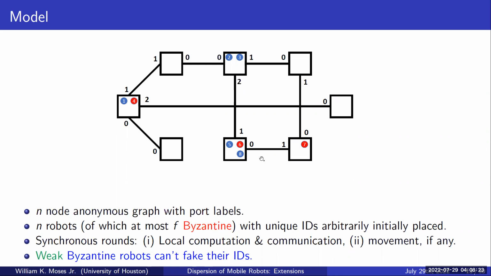In other words, whenever a robot sends a message to somebody else, its ID is attached to it. If it's a weak Byzantine robot, it cannot change the ID. While it can change anything in the rest of the contents of the message, it can't change the ID. Strong Byzantine robots can change the ID. That's it for as far as the model is concerned.